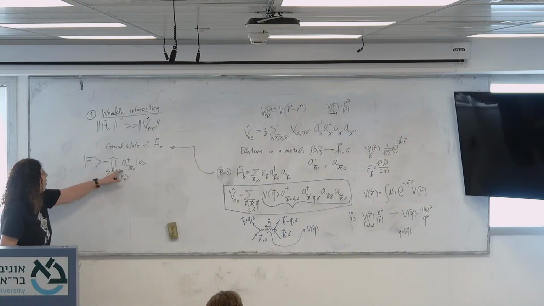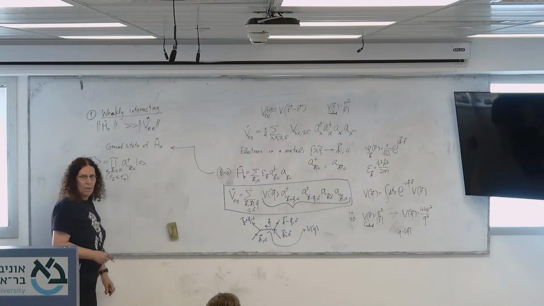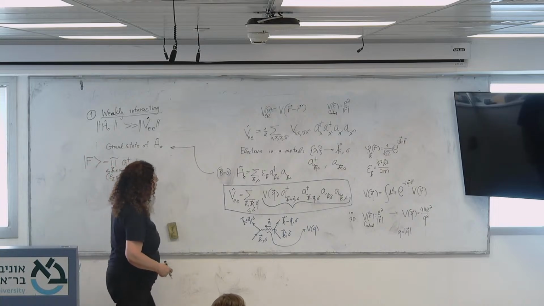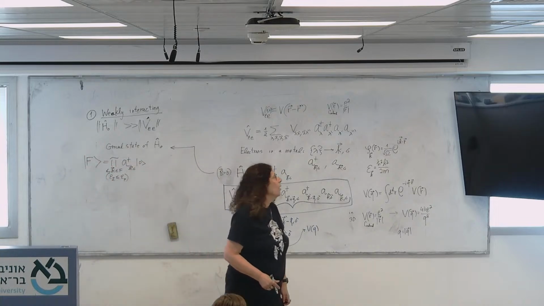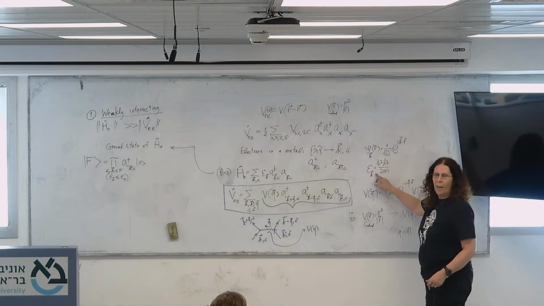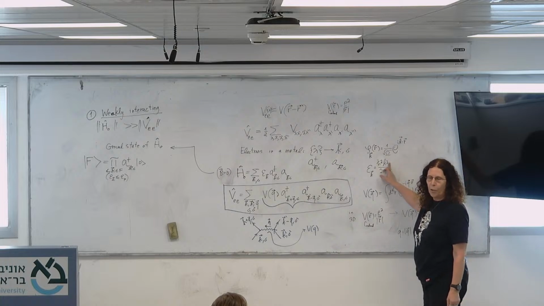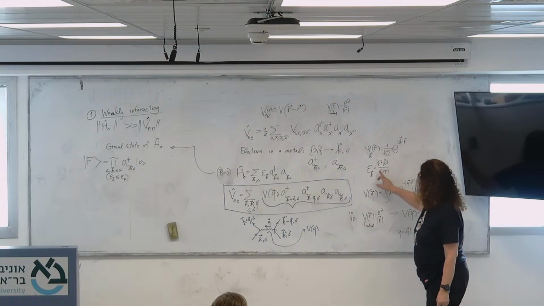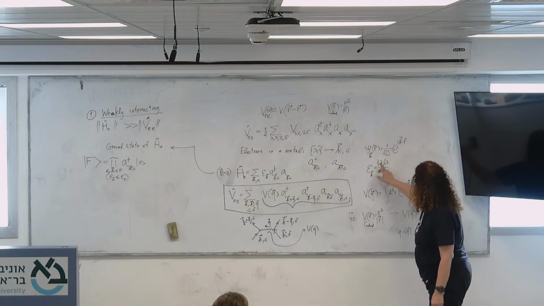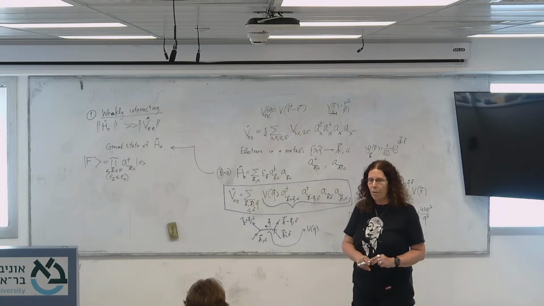Now, how can I write the condition on k more simply? Because remember, k is a k vector. The energy is a simple quadratic function of k that depends only on the absolute value of k, right? And let's assume we are in 3 dimensions now.